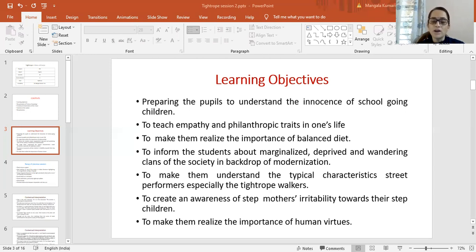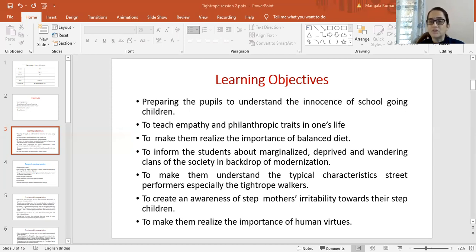Who are these street performers? You must have heard about jugglers. Juggling is done on the street for the sake of money. Then acrobats, and snake charmers, who catch hold of the snake, play with it and earn money. Now it is prohibited according to the Animal Act of the 1970s.